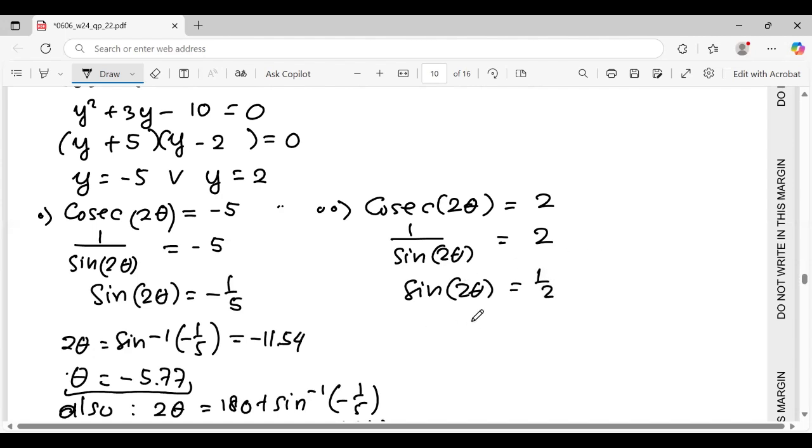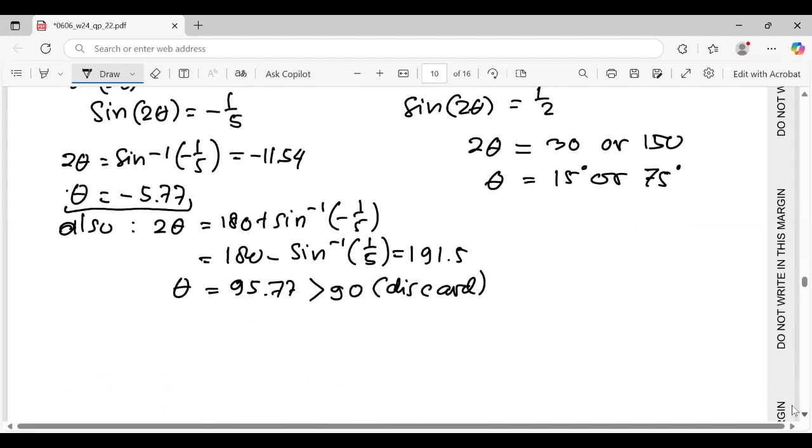So 2 theta equal 30 or 150. So theta equal 30 divided by 2, 15, and 150 divided by 2 equals 75. So we can state that theta equal minus 5.77, 15 degrees, and 75.